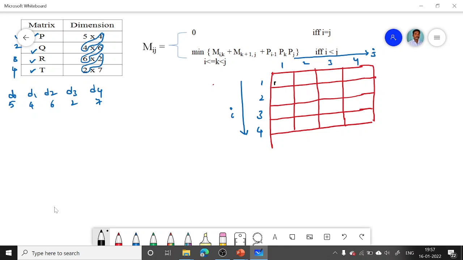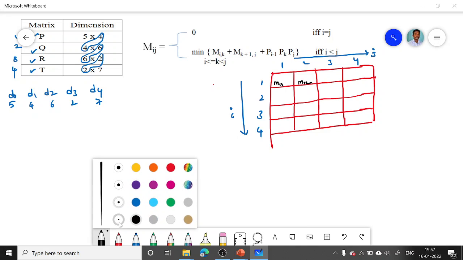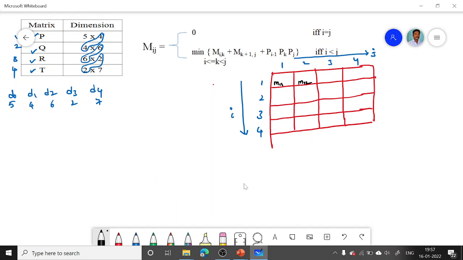Multiplications needed for 1 1, multiplications needed for 1 2, multiplications needed for 1 3, multiplications needed for 1 4. In the same way, multiplications needed for 2 2, 2 3, 2 4, 3 3, 3 4, and 4 4.